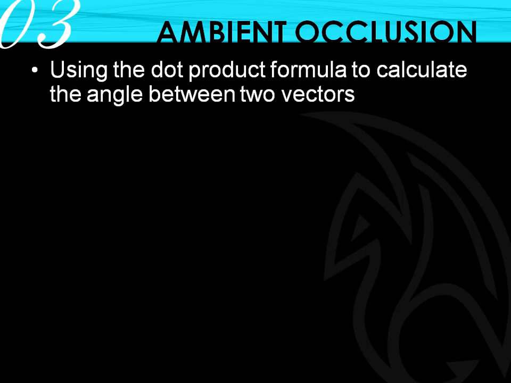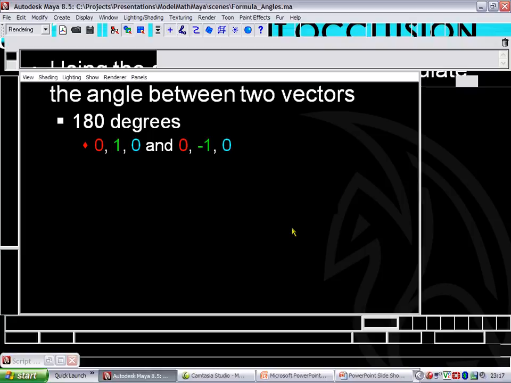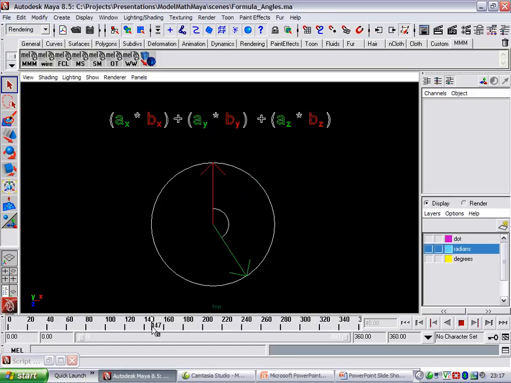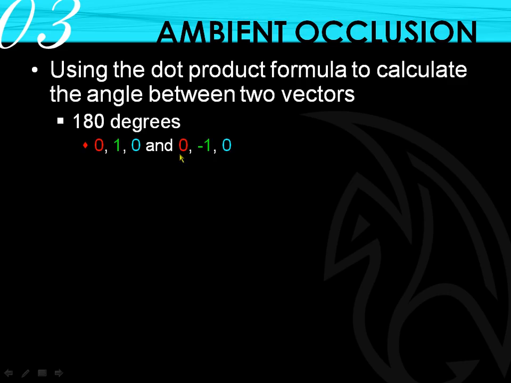And those 2 numbers are going to determine an angle. So here, for example, we could use dot product to calculate the angle between 2 vectors. So 180 degrees. Let's say we had 2 vectors, one that pointed straight up and one that pointed straight down. So let's go ahead and look at that in the chart here. We're going to move this to 180 degrees, and we have something like this. So let's say we have one pointing straight up in the y and one pointing straight down, -1 in the y. Okay? So we would do 0 times 0, 1 times -1, and 0 times 0.